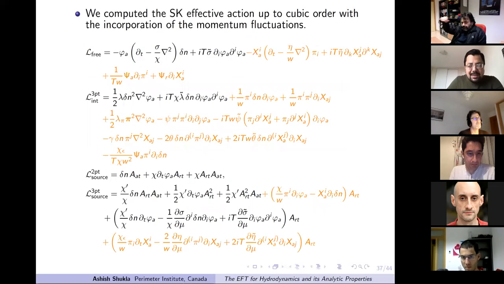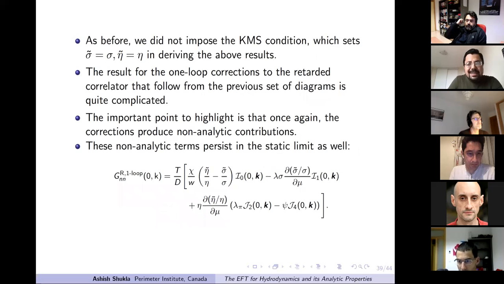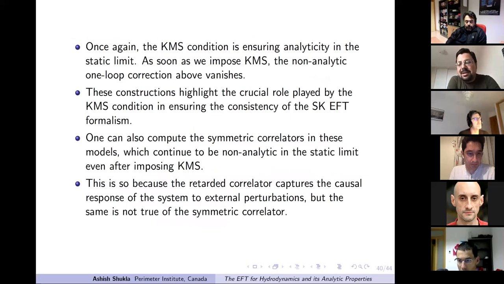But that's only, I think, at the tree level. Once you take all these corrections into account, it turns out that the symmetric correlators are indeed non-analytic. But we are not bothered by them, simply because these symmetric correlators do not carry any physical response to an external perturbation.